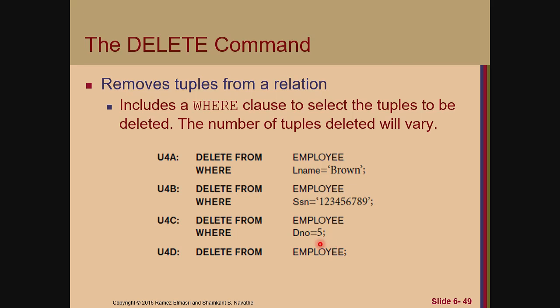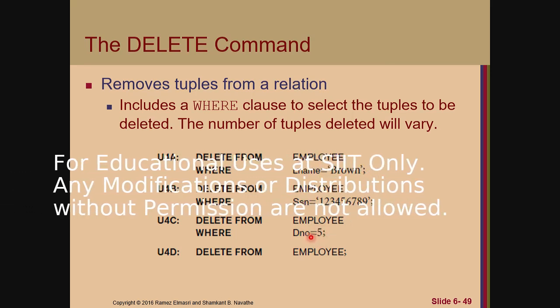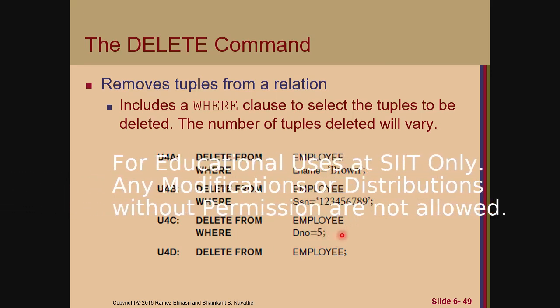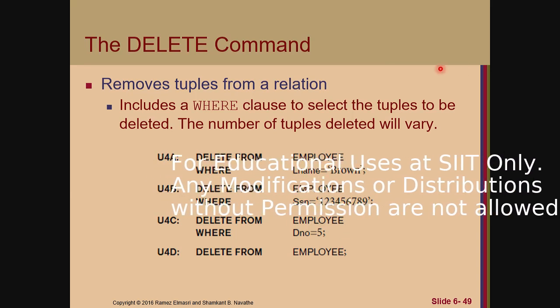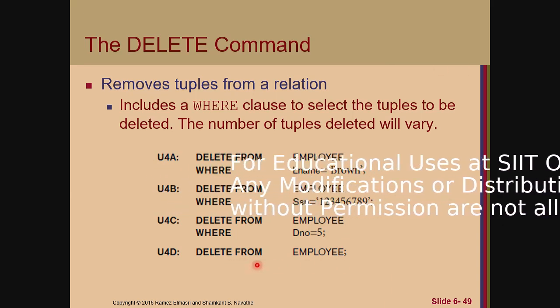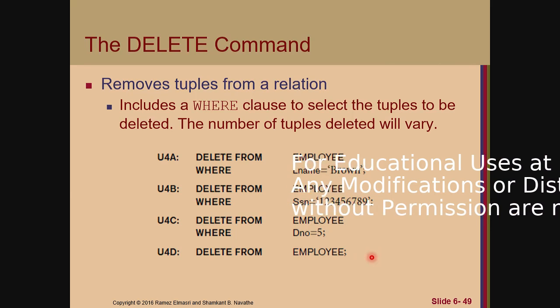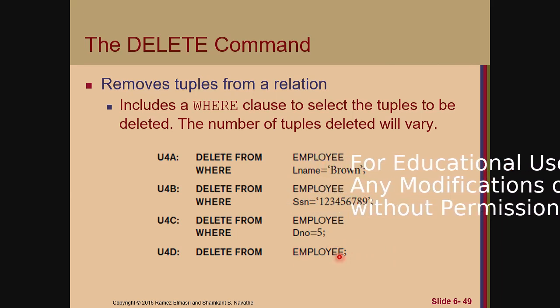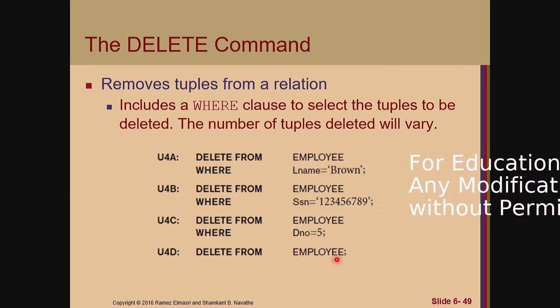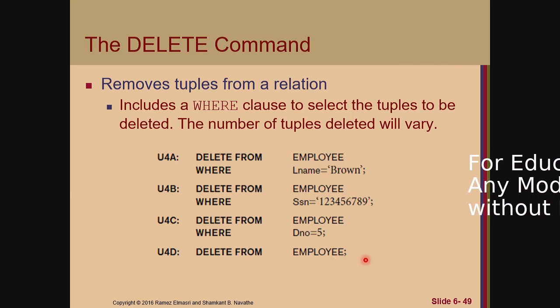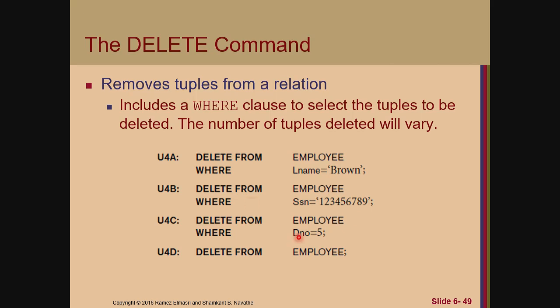And also here, delete from employee where DNO equal 5, that means anyone who has DNO equal 5 will be deleted from this table. If you delete from employee without any condition, the employee table will be empty. We are not going to try this one. Okay.